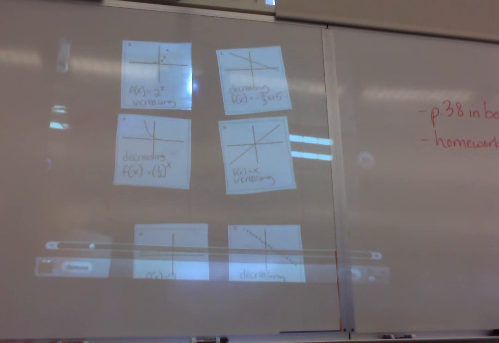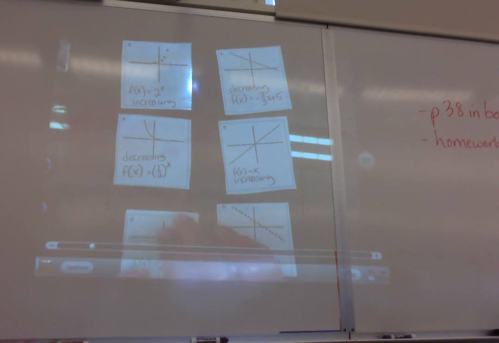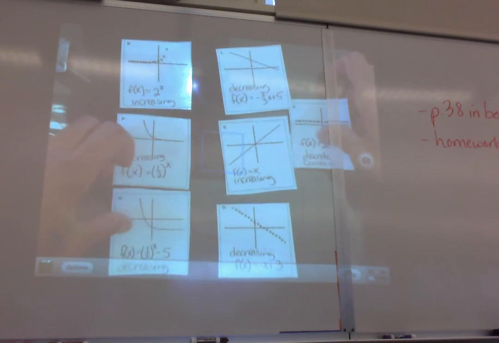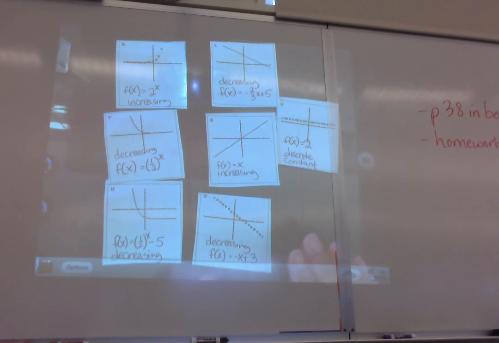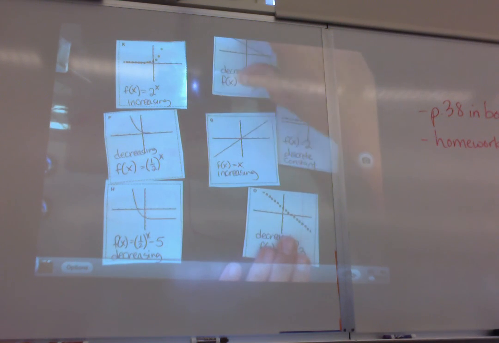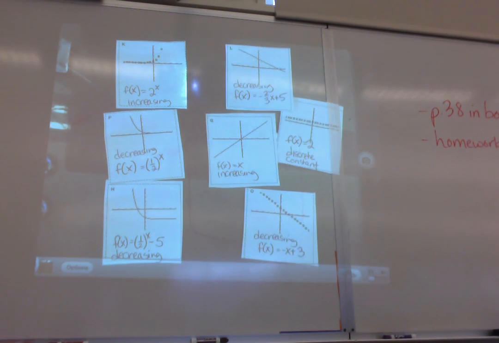Kind of in your piles, pull them back out as a linear and a curved group. Okay, top of page 40.